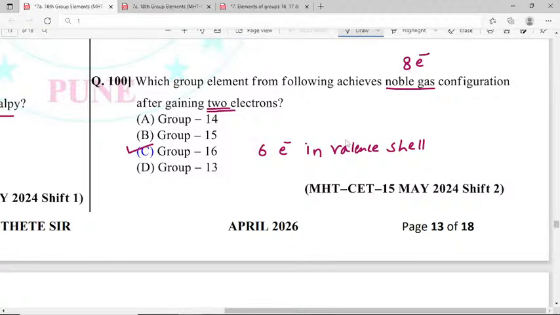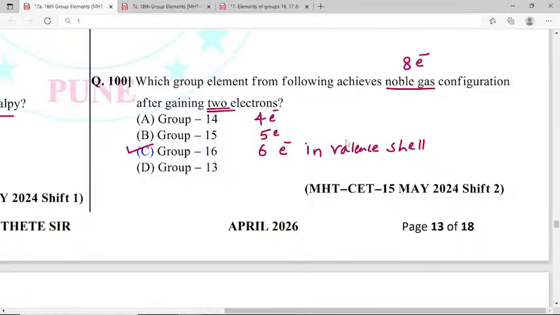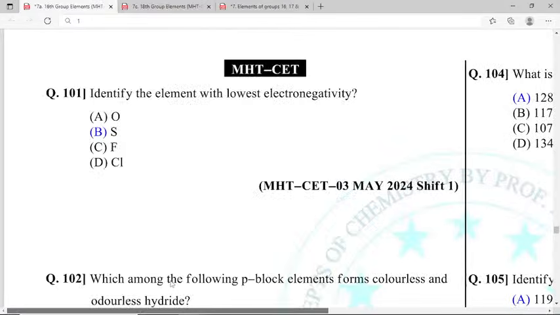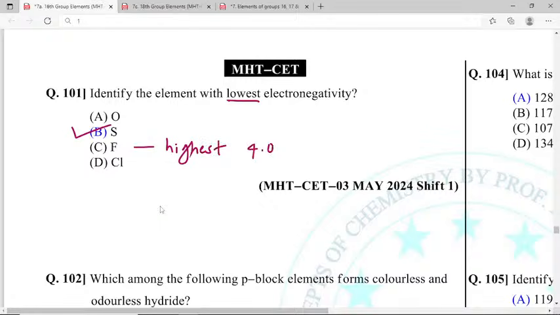It has 4 electrons, it has 5 electrons, it has 3 electrons in the valence shell. Identify the element with the lowest electronegativity: sulfur has the lowest electronegativity and fluorine has the highest, 4.0 value.